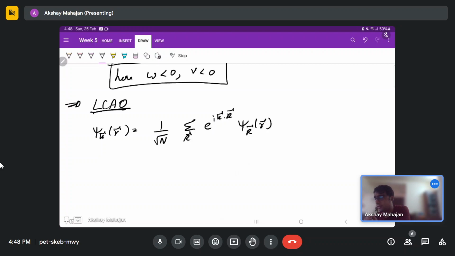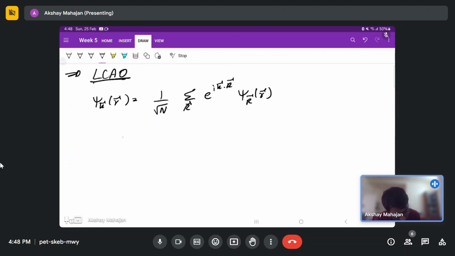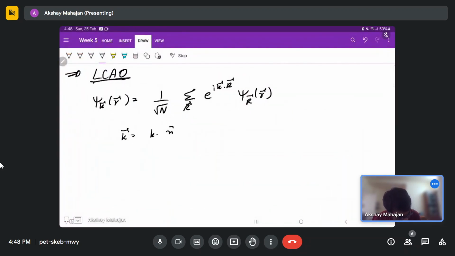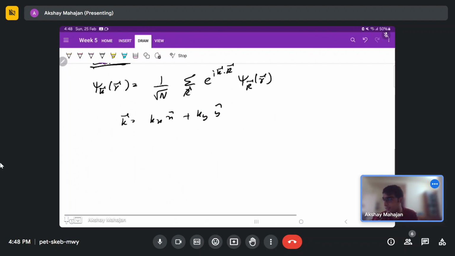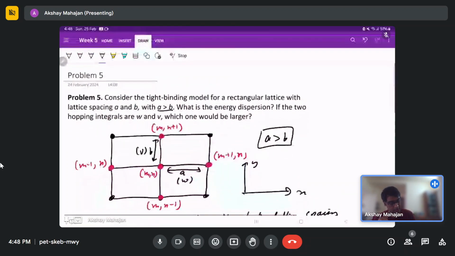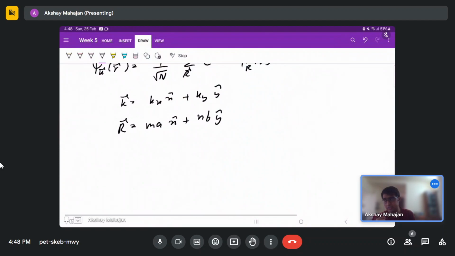Then let's write our k vector: k vector will be kx x cap plus ky y cap, and R vector will be m a times x cap plus n b times y cap, because now we have different spacings a and b between the lattice points.